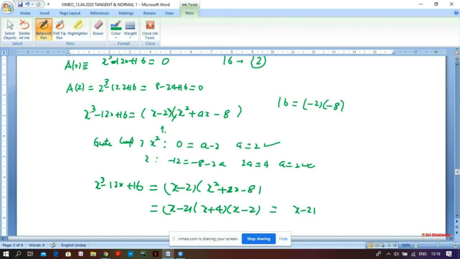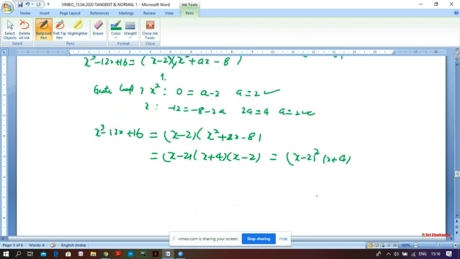So it becomes (x minus 2) squared times (x plus 4). And so 2 already is there. So you got a new root, x is negative 4. And so y is x cubed, that is minus 64. So you can find that your point Q is negative 4, negative 64. This is the point Q.